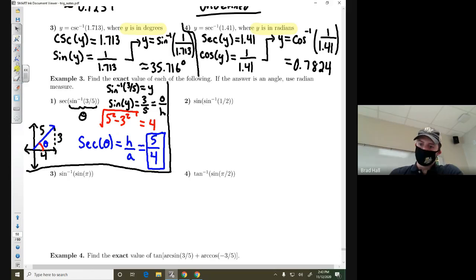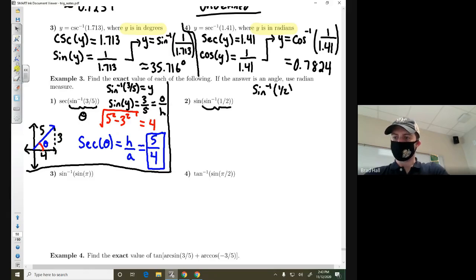All right, so we start off with the interior function, and we're going to treat that as if it were a problem on the first page. So this says sine inverse of 1/2. Then we're going to set that equal to y, like we did on the previous page. Well, this puts us in quadrant 1 as per the table.